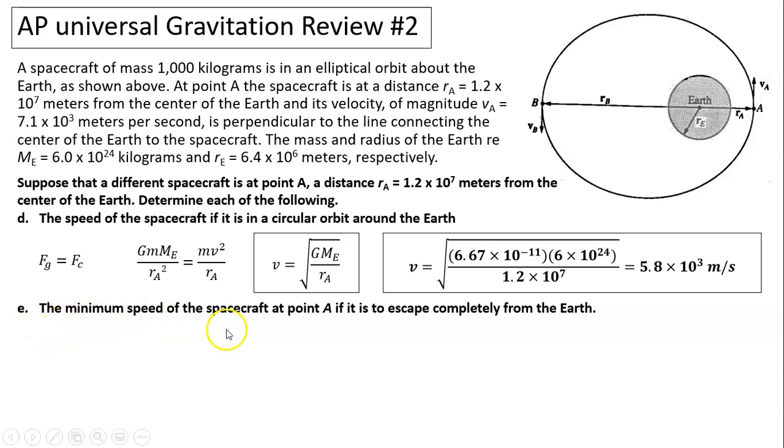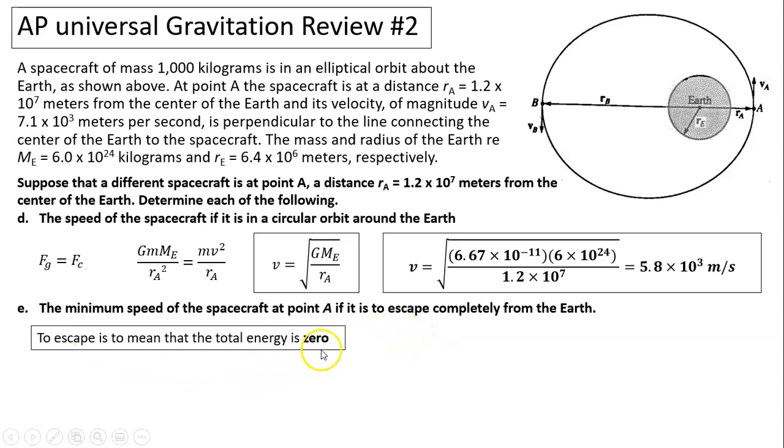Part E: the minimum speed of the spacecraft at point A if it is to escape completely from Earth. What does escape mean? Escape means the minimum total energy has to be 0, because at infinity your potential energy is 0. The minimum case is that at infinity you are not moving, so the minimum energy at infinity has to be 0.